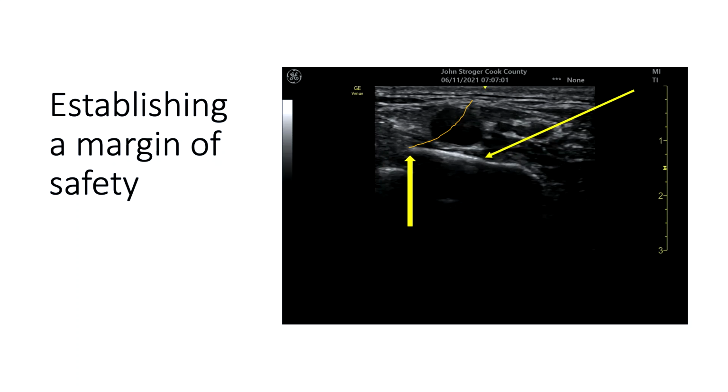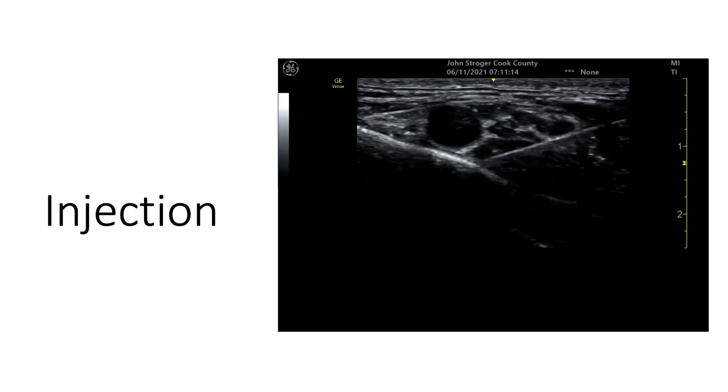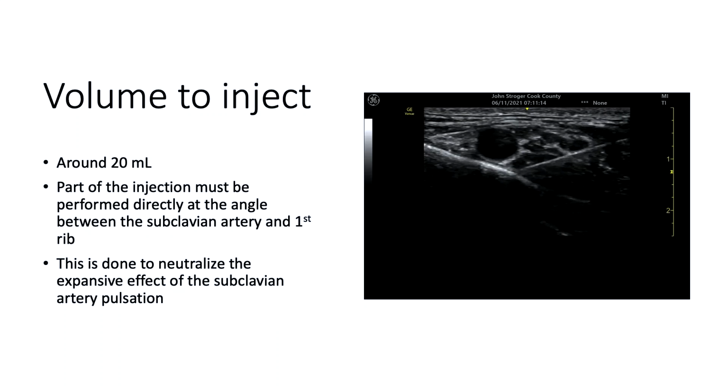So the needle has to be brought to this image in order to accomplish the safety margin and have the safety margin working for you. Well, the injection, as you know, could be done entirely there in that corner.